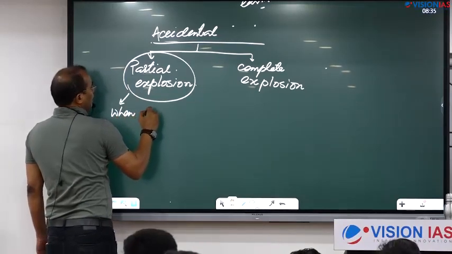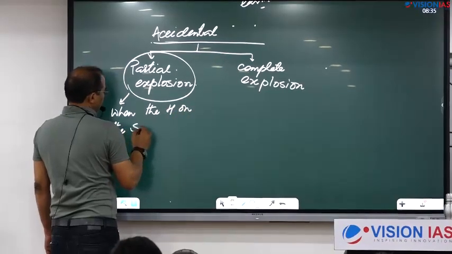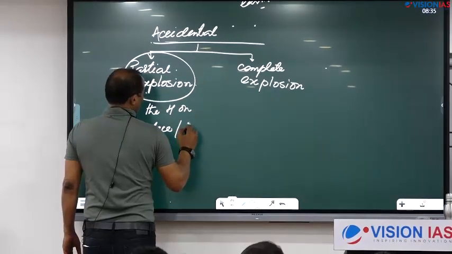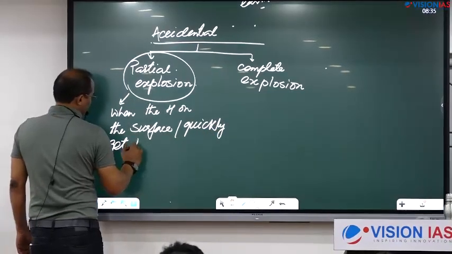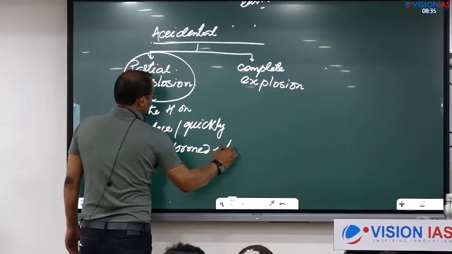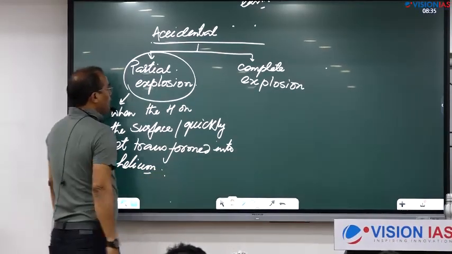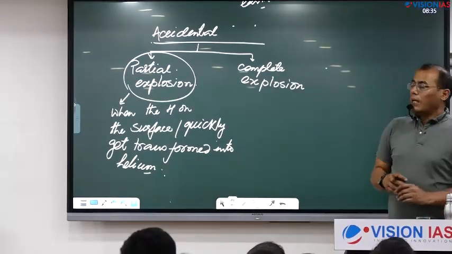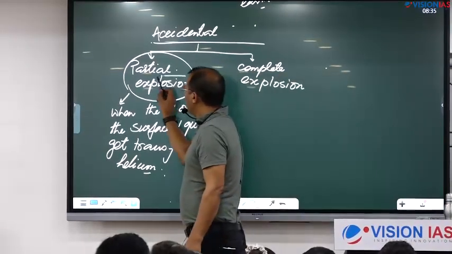When the hydrogen on the surface quickly gets transformed into helium, so only superficial hydrogen is transformed into helium much faster than the normal, that's what you call explosion.